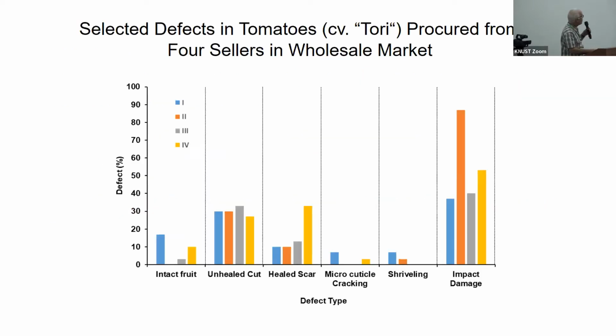Okay, so now this is an example. This slide was also presented in the All Africa Post-Harvest Conference by Dr. Dagar. He purchased tomatoes from 4 different sellers in the wholesale market.